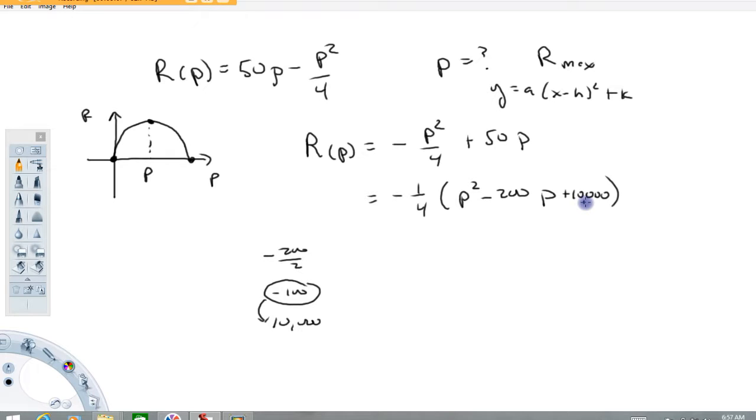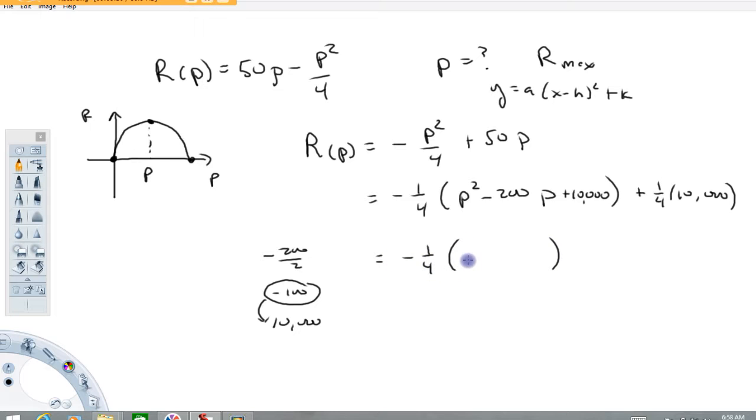Now we have to maintain equality. What we really added was 10,000 times minus 1/4. So over here I'm going to put plus 1/4 times 10,000 to maintain equality. All right, so minus 1/4 times.